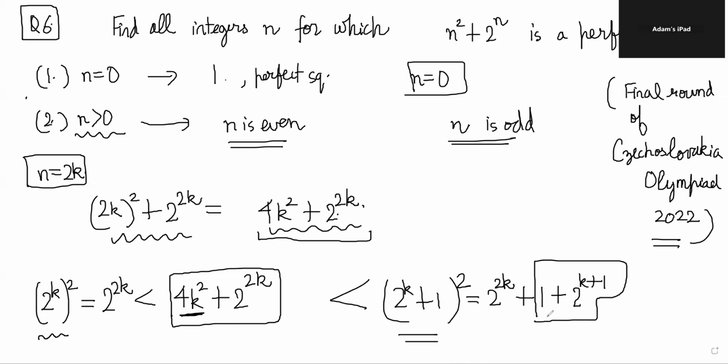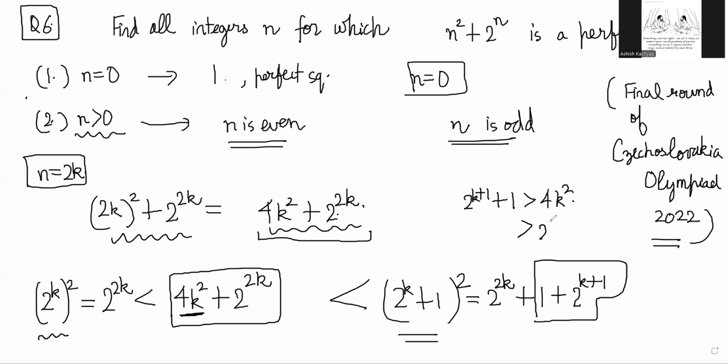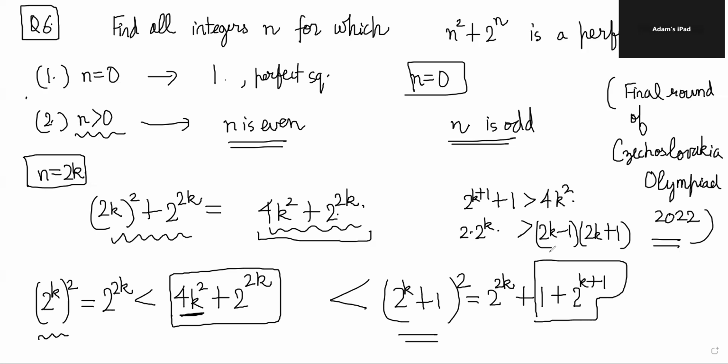If 2 power k plus 1 is greater than 4k squared, I think it will be, because you can write it as 2k minus 1 and 2k plus 1. And this is 2 into 2 power k, plus one.